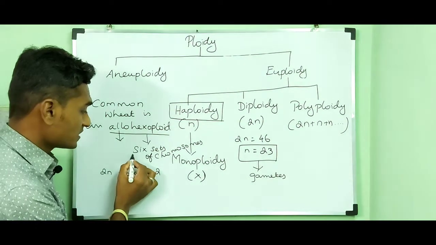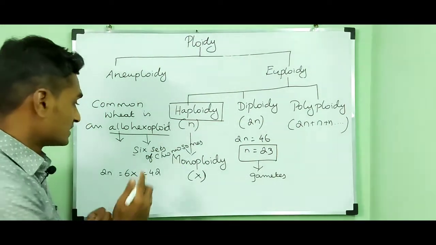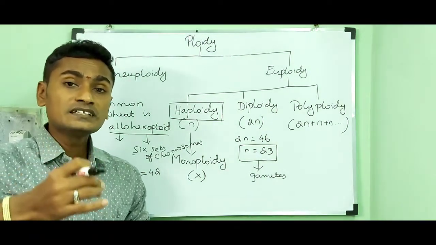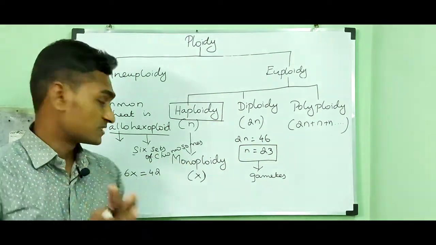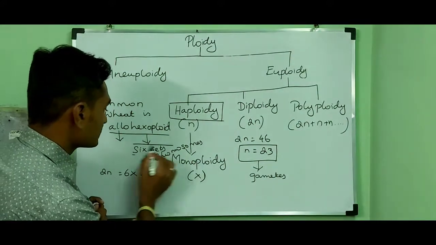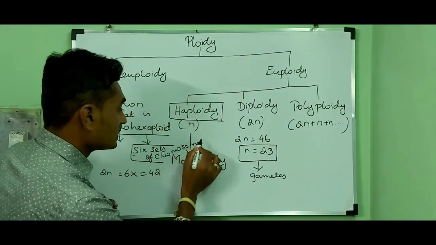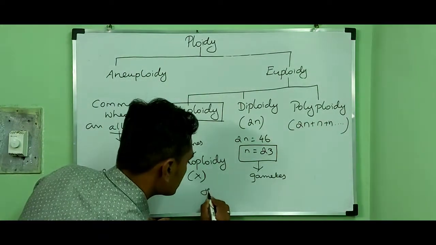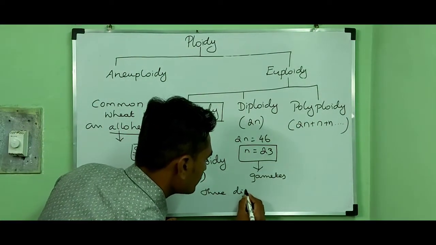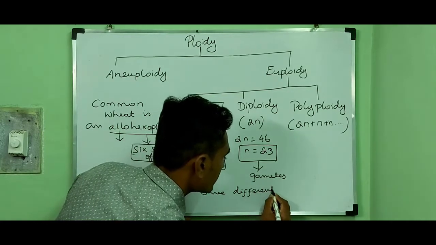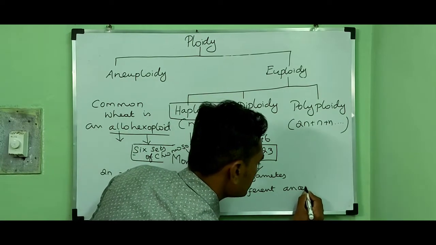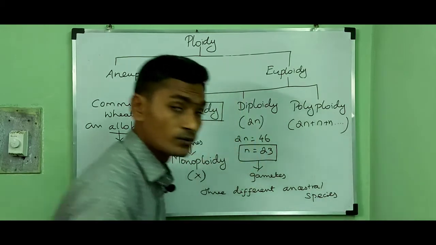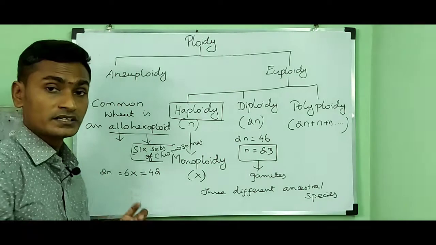These 6 sets are derived from 3 different ancestral species. Wheat is an allohexaploid.